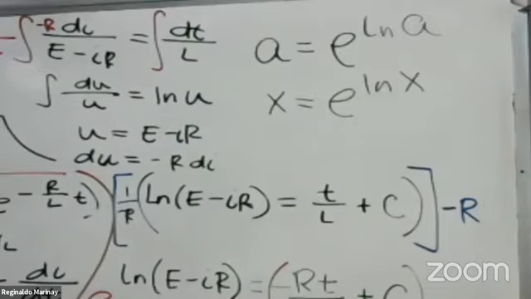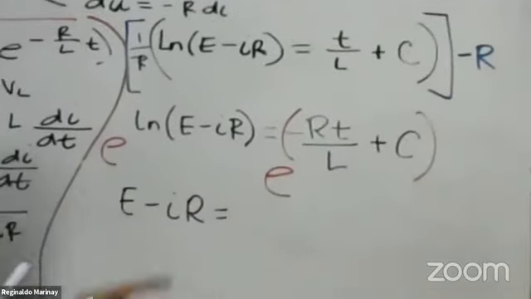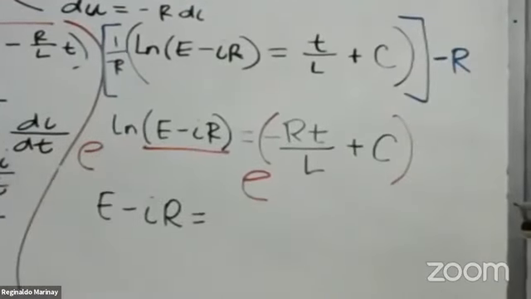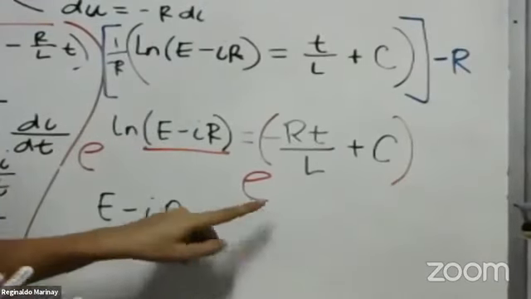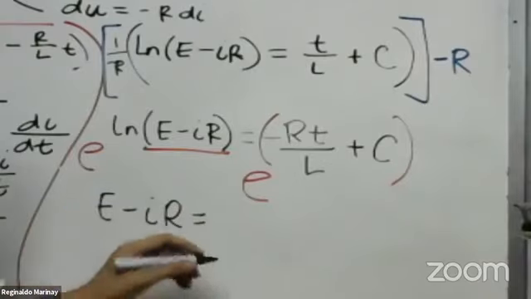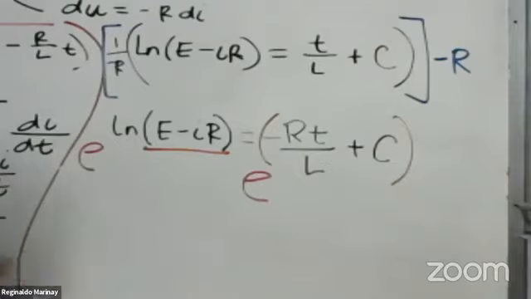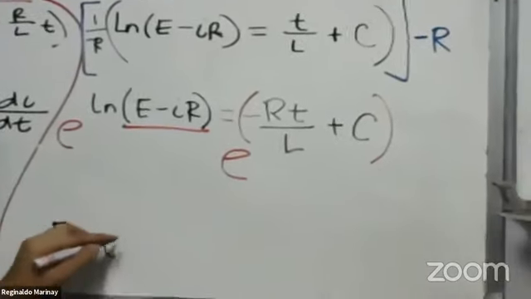E minus IR. So I already considered this portion. What about this portion? So this is our E minus IR.